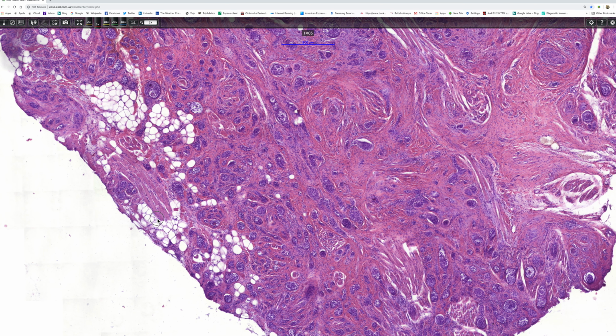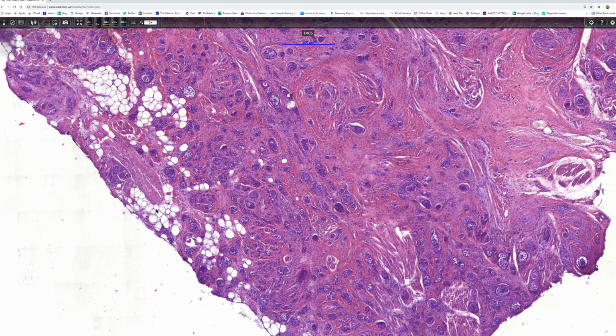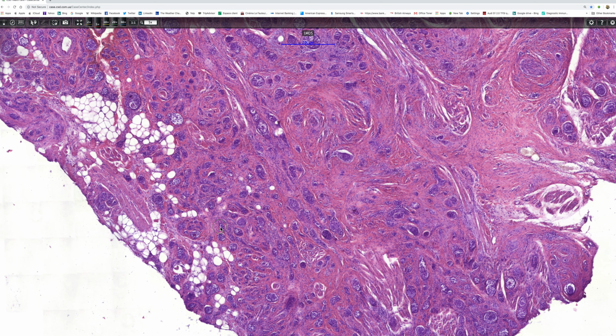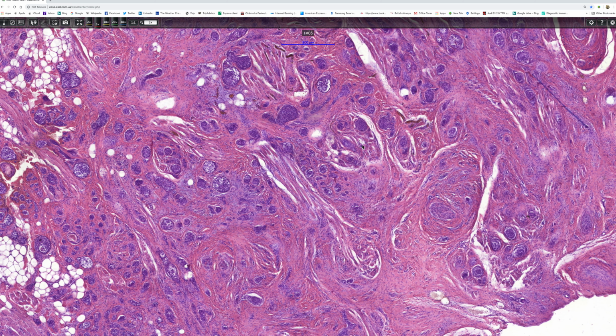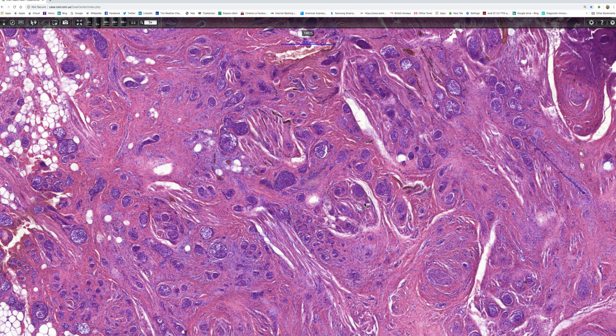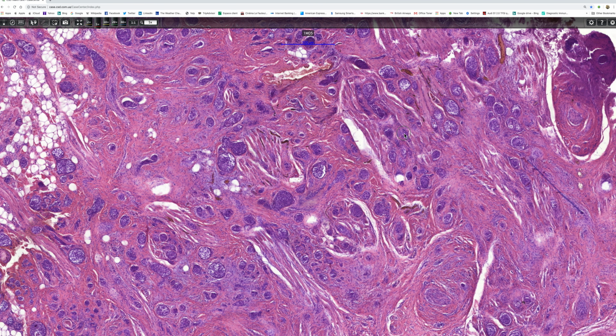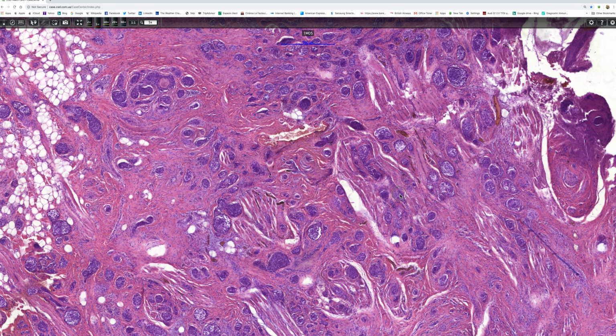Incidentally, it's present at all of the margins of these pieces of tissue. It's showing perineural infiltration, and the possibility is that it might represent a variant of microcystic adnexal carcinoma.